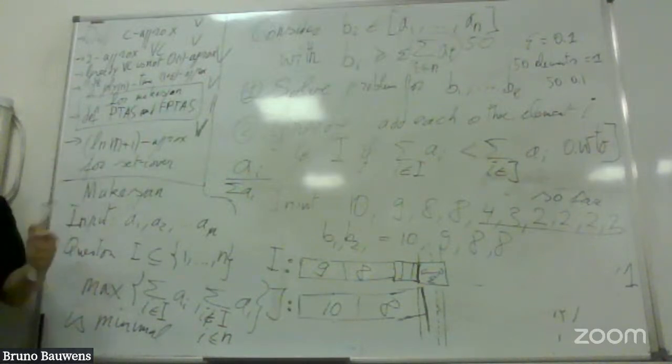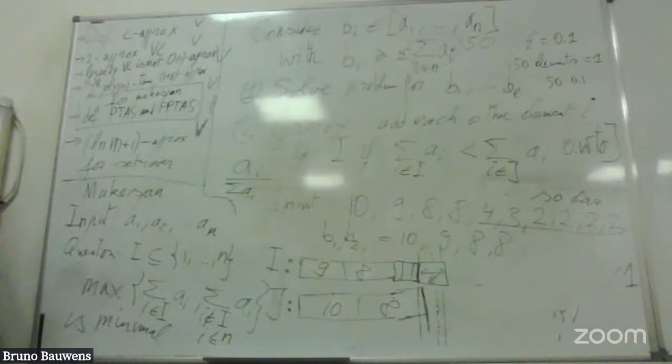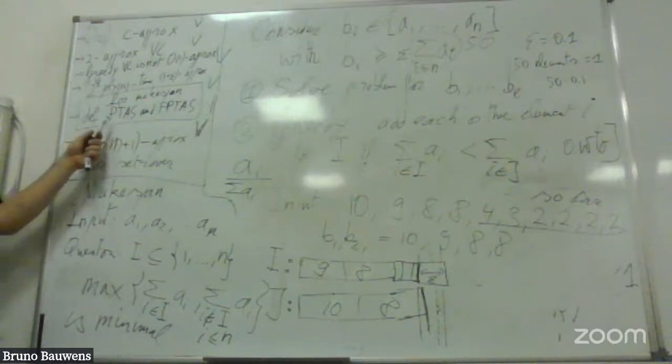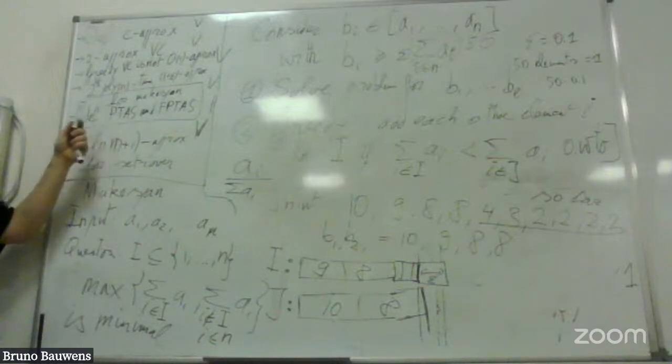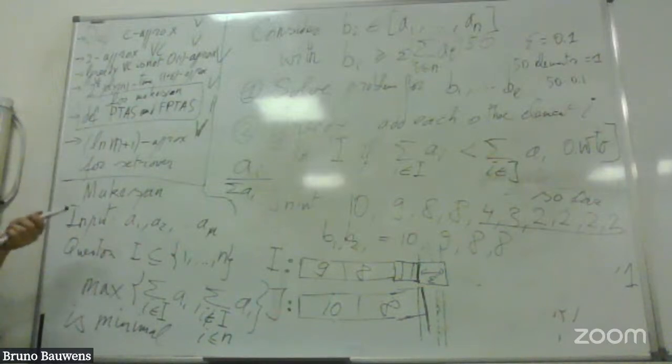It means that for every epsilon, we have a polynomial time approximation algorithm with precision 1 plus epsilon. Let me say it one more time: a problem has a PTAS if for every epsilon we have a polynomial time 1 plus epsilon approximation algorithm.